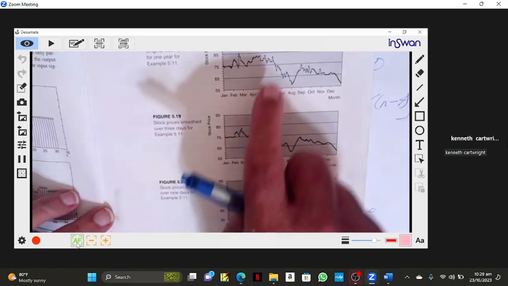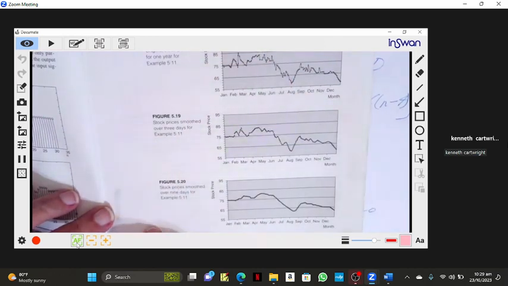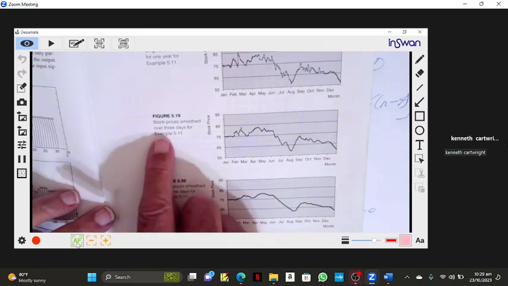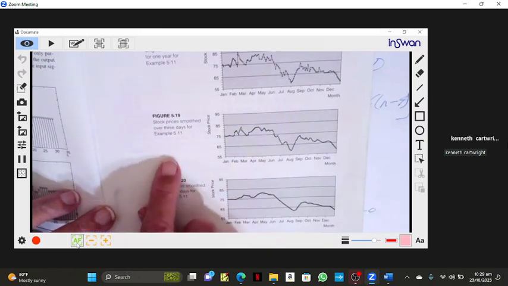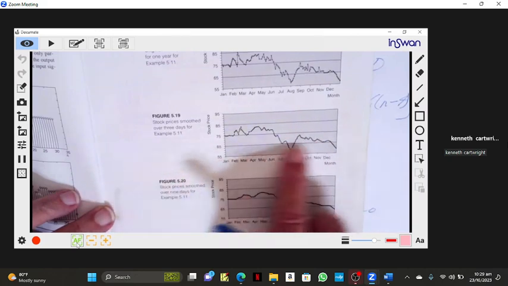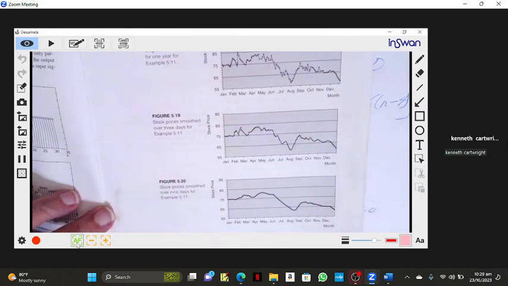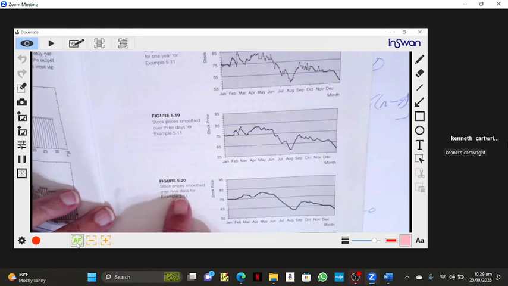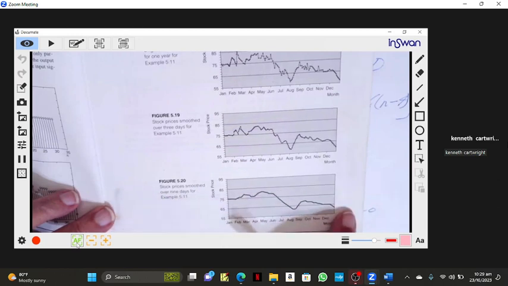We put this top one into a moving average filter that filters over 3 days, and we got a smoother output waveform. That's in the middle. We put it through a filter that smooths over 9 days, and we get a really smooth waveform.